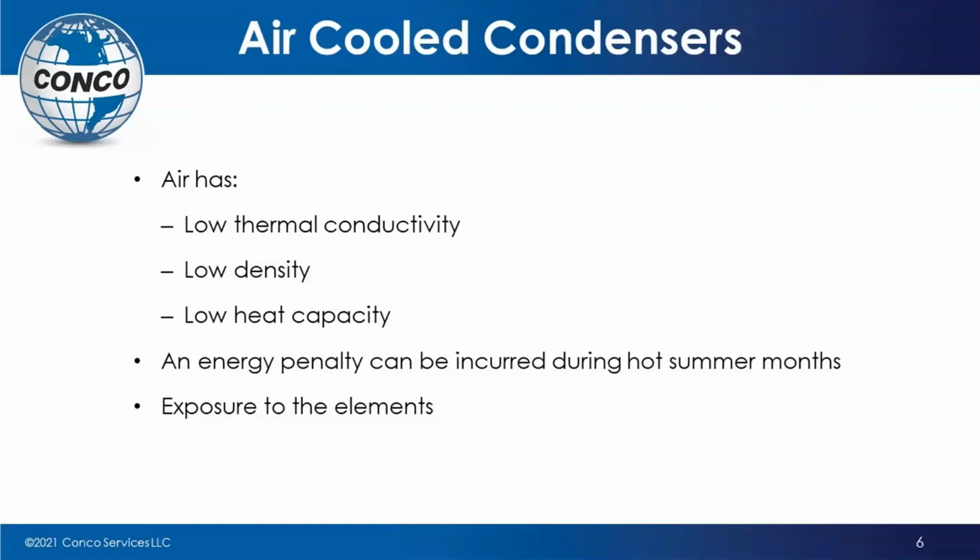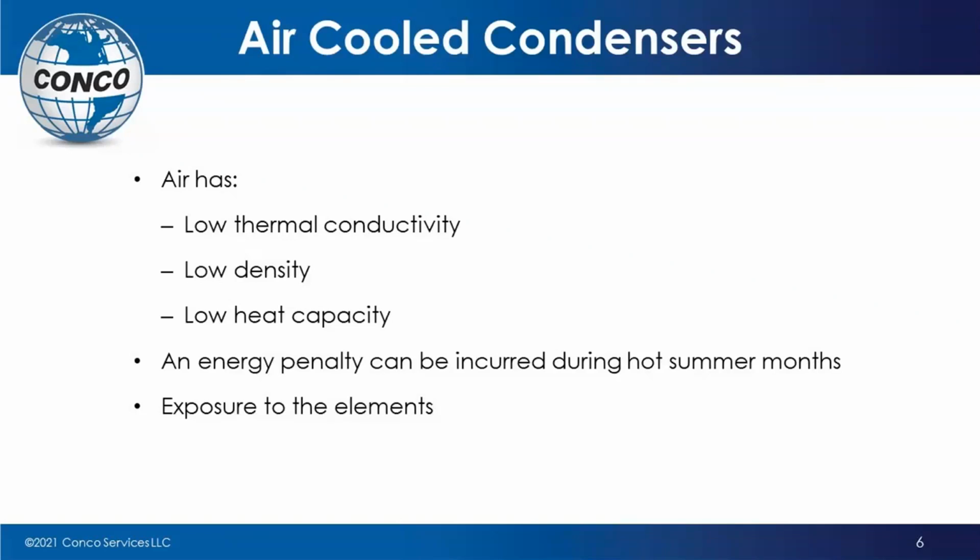We need that flow. And that flow has to go through those fins, up past those tubes, unimpeded, in order to get the most efficient action and results out of that particular unit. You also run into energy penalties. So right when we're trying to get the units to run at peak capacity in the summer, the air temperature is higher and thus the transfer is less.